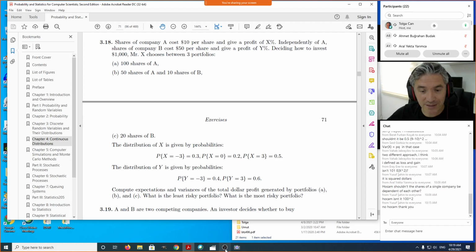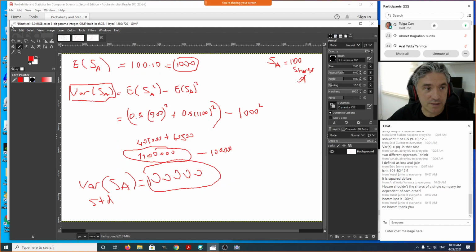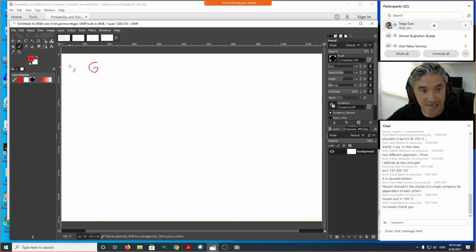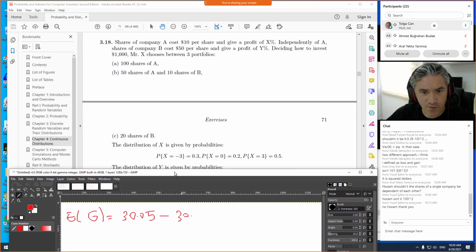So in part A, the expected value of our gain is simply going to be 30 times 0.5 minus 30 times 0.3, right?